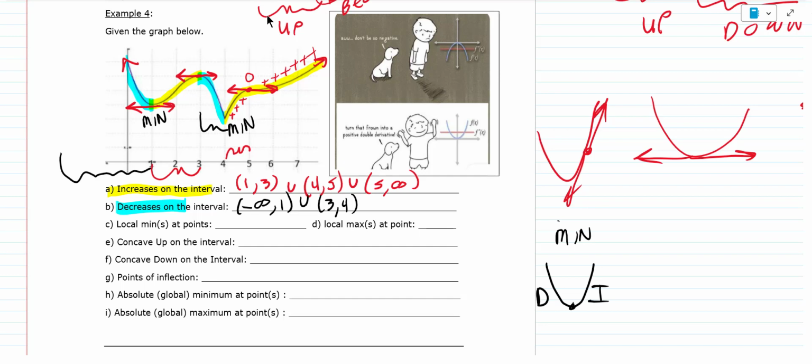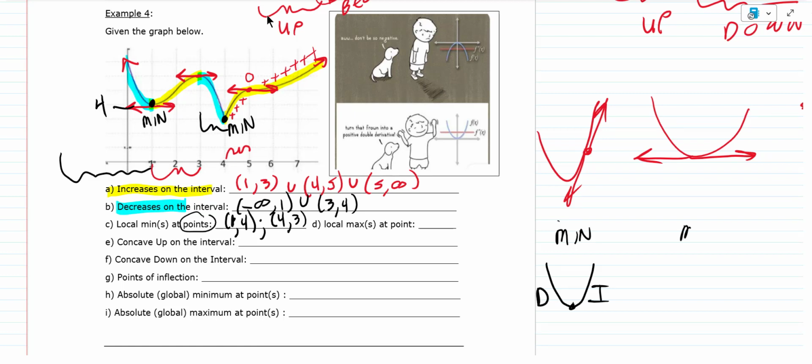Now I'm saying use points, so get the point. That would be the point (1, 4), a local minimum. And this point right here looks like that would be (4, 3). So that's what a local min is: a low point on the graph where the graph changed from decreasing to increasing.